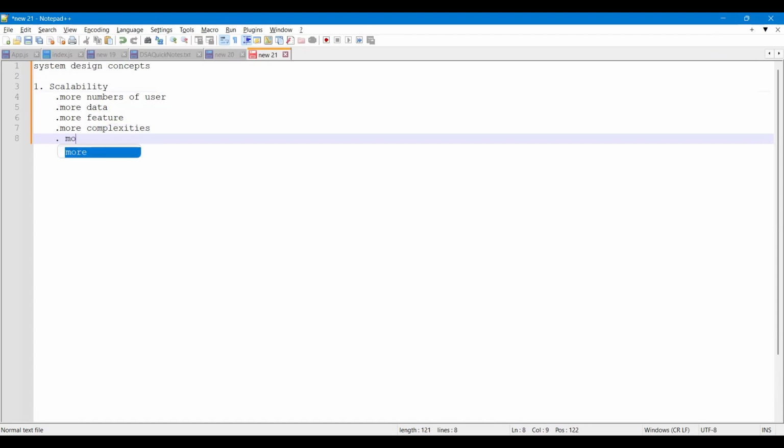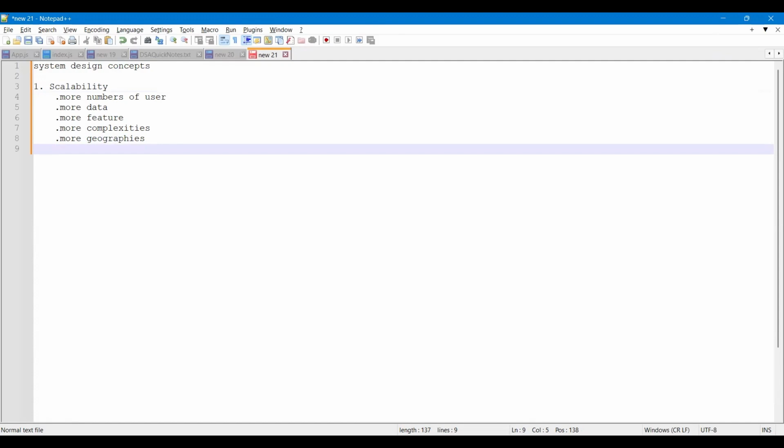And once everything has settled down, you want to expand your application to other geographies too. That also comes into the picture. So this is about scalability. These are the problems you are going to face, because any system that goes over the internet will come with a lot of complexities.